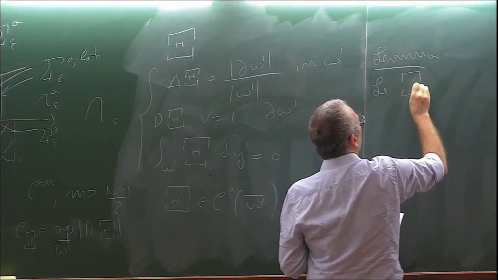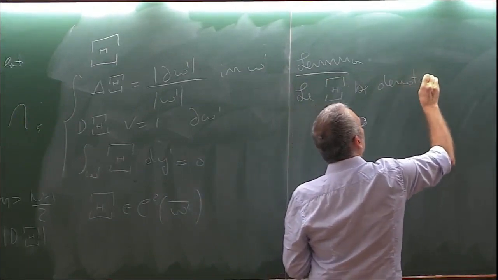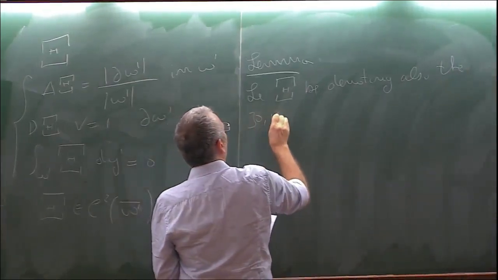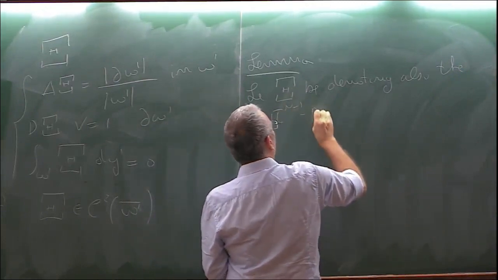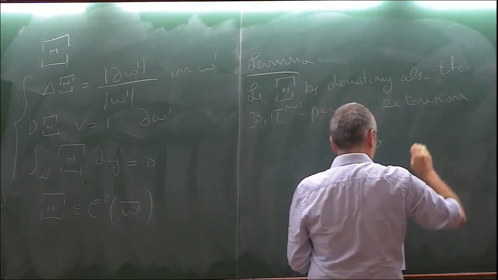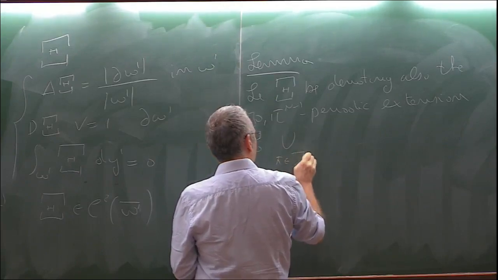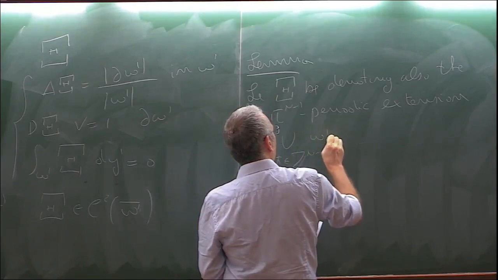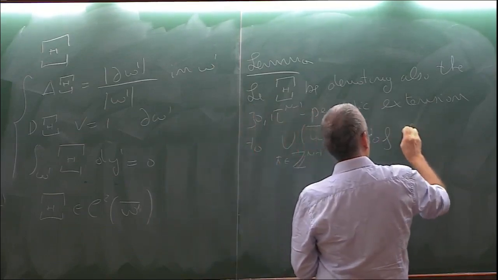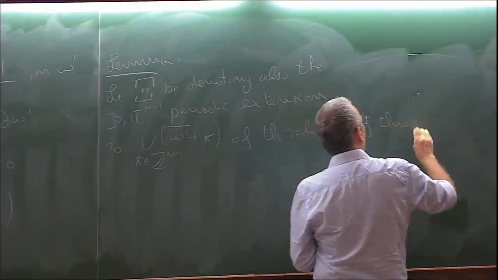Let Xi also denote the (0,1)^{n-1} periodic extension to the union over k in Z^{n-1} of the closure of omega prime plus k, of the solution of this problem.